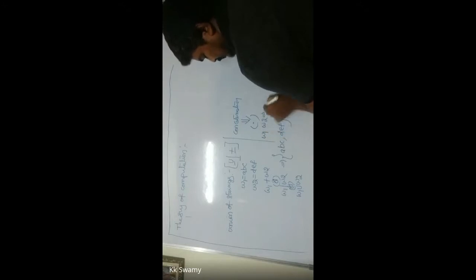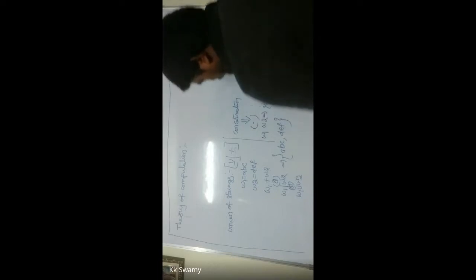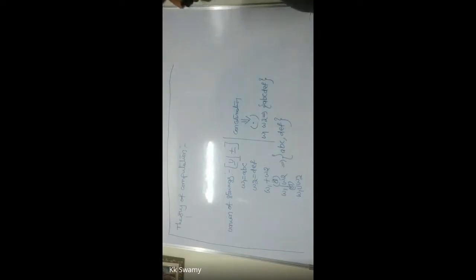W1 dot W2 means ABC followed by DEF, without any spaces; we need to concatenate W1 and W2. Or W2 and W1 means DEF followed by ABC. So these are some operations performed on the strings.